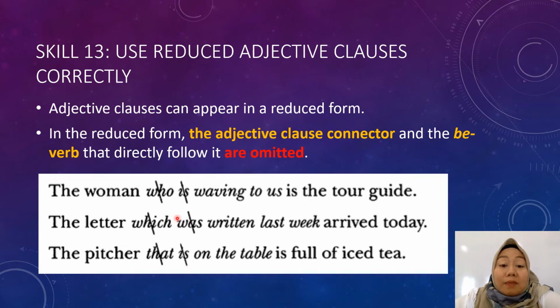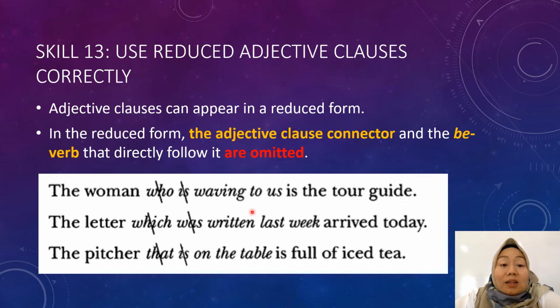And we can have this full clause like who is waving to us, but we can also reduce the clause. If we reduce it, then we will omit the adjective clause connector and also the be verb. So the clause will become: the woman waving to us is the tour guide.